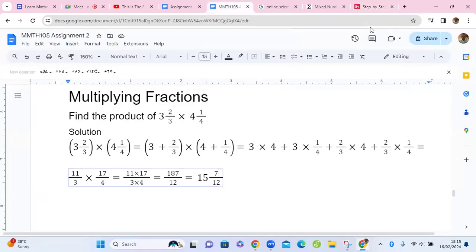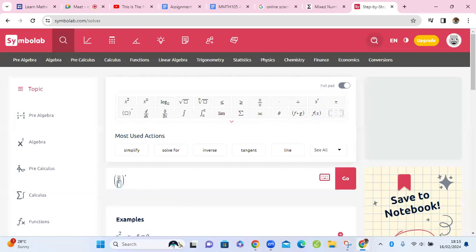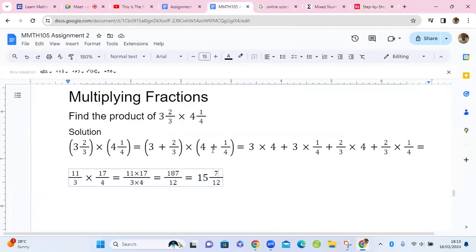Now, before we end this session, I just want to prove that we're on the right track with this approach. So this is 3 and 2/3, 3 plus 2/3. We're using a program called Symbolab, an online calculator. 3 plus 2/3, times 4 and a quarter.